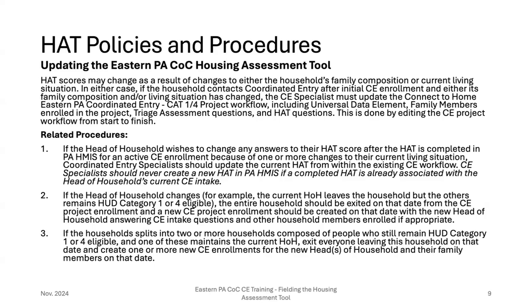All of the other household members that are still literally Cat 1 homeless but want to be in a new household, for example, if there's a family separation, will be exited from the current enrollment and entered into a brand new Core Entry enrollment with a new head of household. Again, effective date can be the same date, exit and entry into a new CE enrollment. And with the new head of household, we'll have a new intake and a new housing assessment tool.